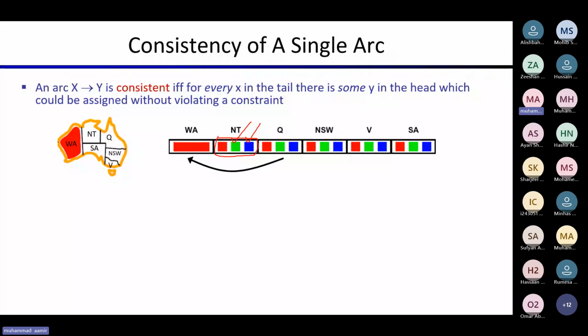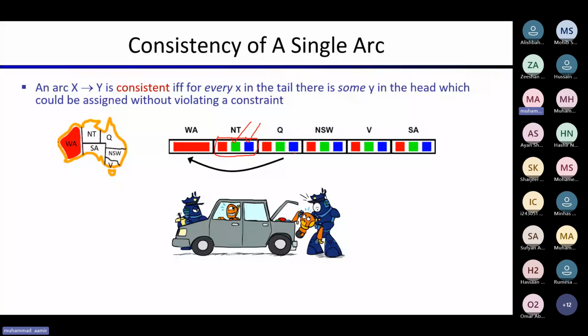Okay. If any arc is inconsistent, what can we do then? If any arc doesn't have any value that can be assigned to that variable, then you need to delete from the tail. This is an important step. Please remember this. Deleting from the tail means that if any of the values available in Queensland will violate any constraint in the future, we need to delete that particular value from the tail, not from the head.